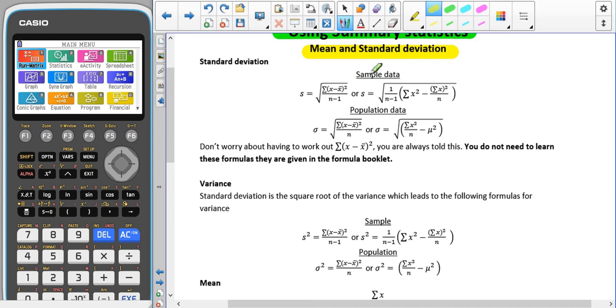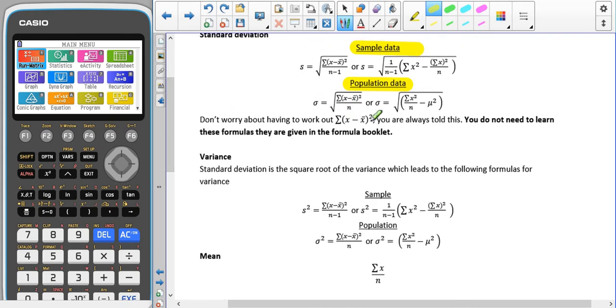For the sample ones, it is the one that says above it, sample standard deviation S, which is the fourth formula down. And you can see that we've got both formulas there. And then the population one is the second formula down for the standard deviation.